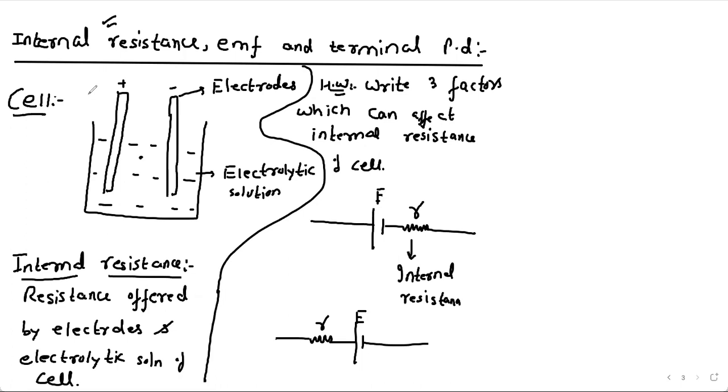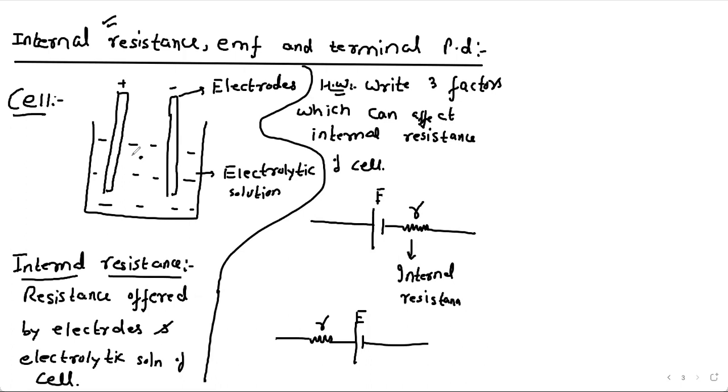So that cell has 2 electrodes and 1 electrolytic solution. Internal resistance is the resistance offered by electrodes and electrolytic solution of the cell. That's your homework: 3 factors which can affect internal resistance. I already told you those factors are the concentration of electrolytic solution, area of the electrodes, and the separation between the electrodes. You have to decide how concentration changes the internal resistance.